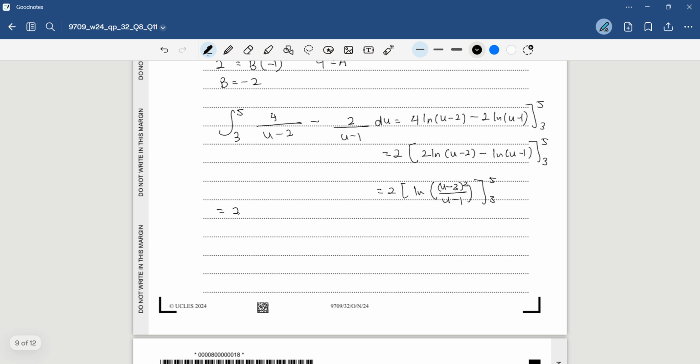It will be 2 times ln of, when u equals 5, 5 minus 2 is 3, 3 squared is 9, 9 over 5 minus 1 which is 4, minus ln of, 3 minus 2 is 1, 1 over 2. So it will be 2 ln(9/2). Or you can give ln(81/4). It doesn't matter. So this will be your final answer.